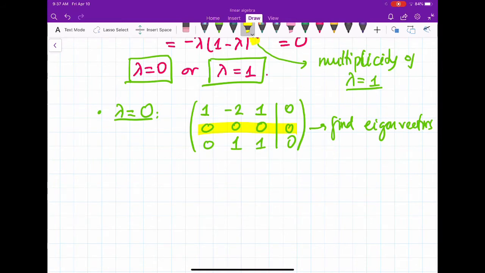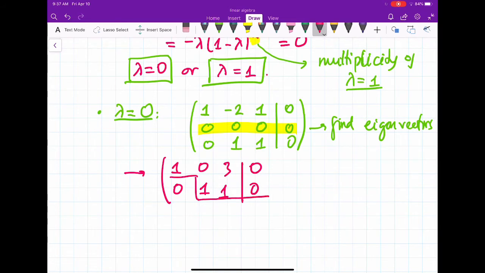Now I multiply the third row by 2 and add to the first. I have 1, 0, 3, here 0, 0. I don't write the second row, and here is 0, 1, 1, right? That is the reduced row echelon form.